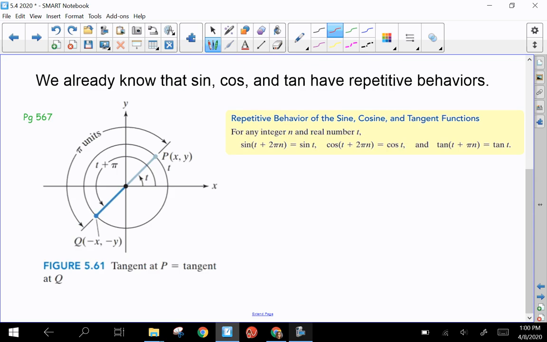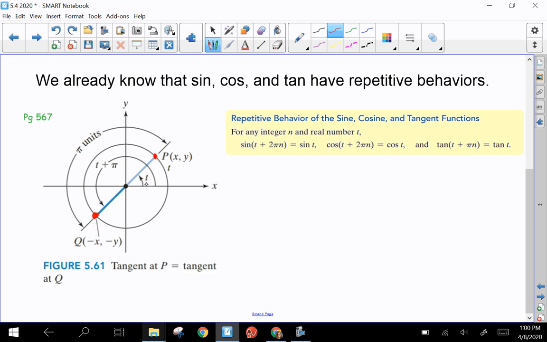These images that I have here, I borrowed from our textbook. The one on the left is from page 567, and what they're trying to do is give us a diagram for tangent. They've highlighted two points, point P here and point Q down here, and they're talking about how at those locations, that's how long it would take for our tangent values to repeat.